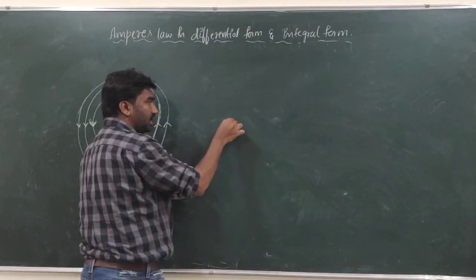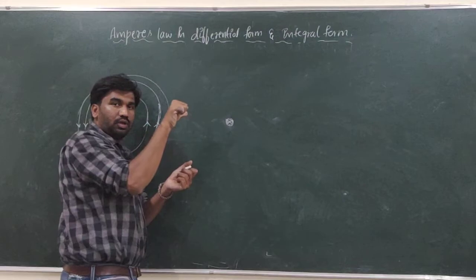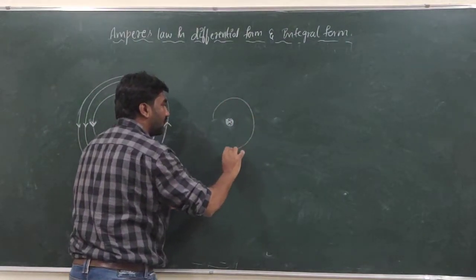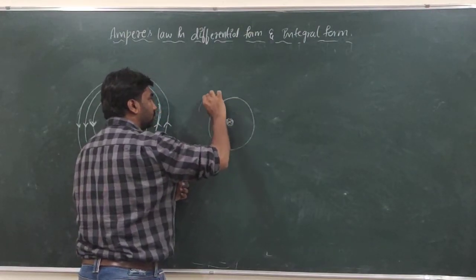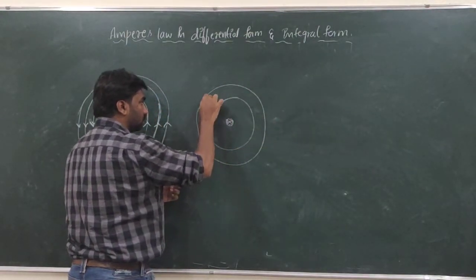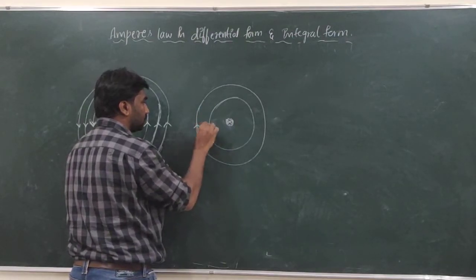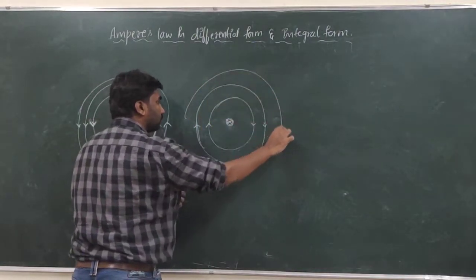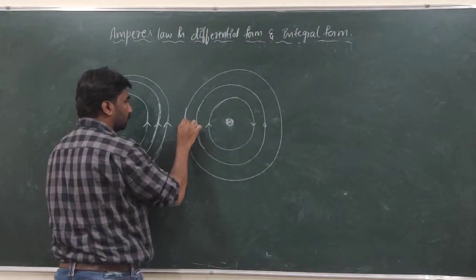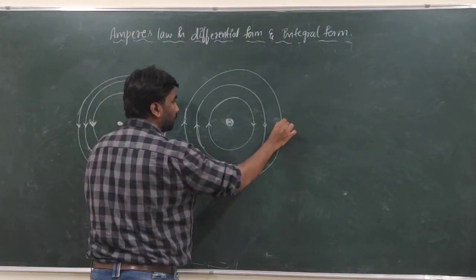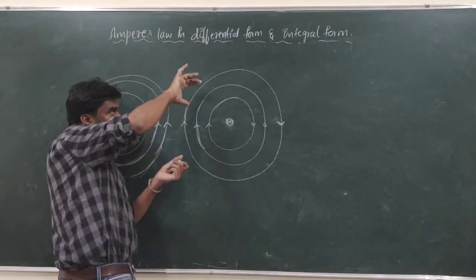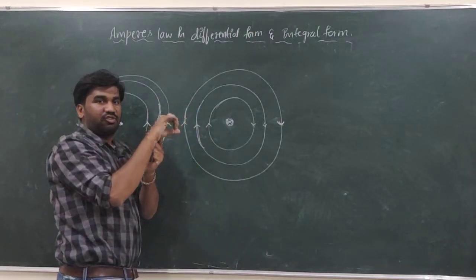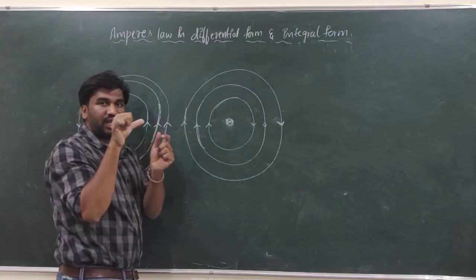This symbol represents the current going into the board, and the magnetic field produced by this current is like this. If the magnetic field lines are in clockwise direction, the current will be in negative direction.